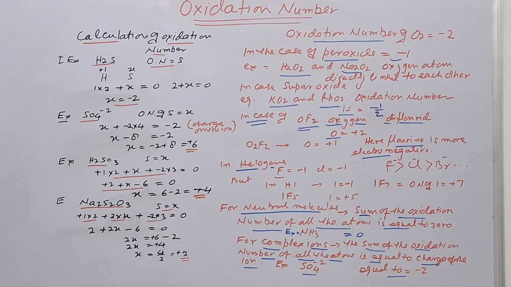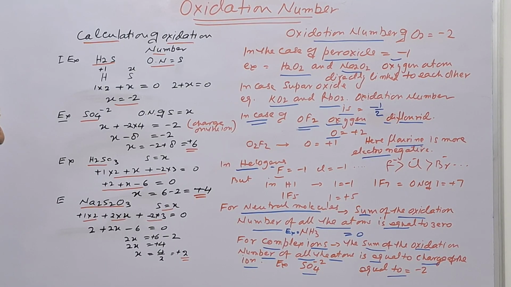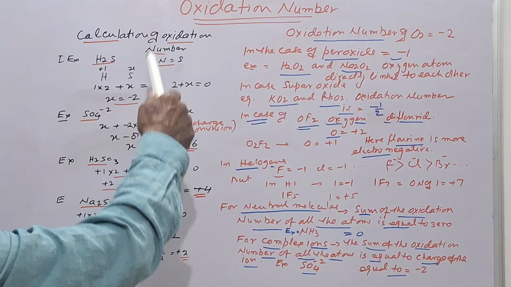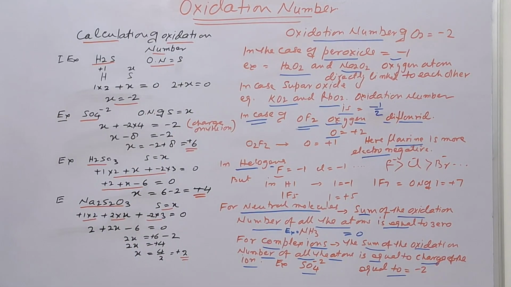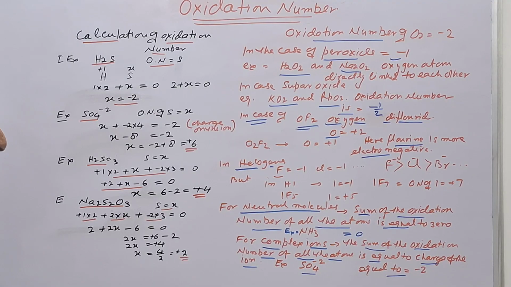So this is all about the oxidation number. I think it will be clear to you how to calculate the oxidation number. The important thing is that you have to remember the electronegativity.